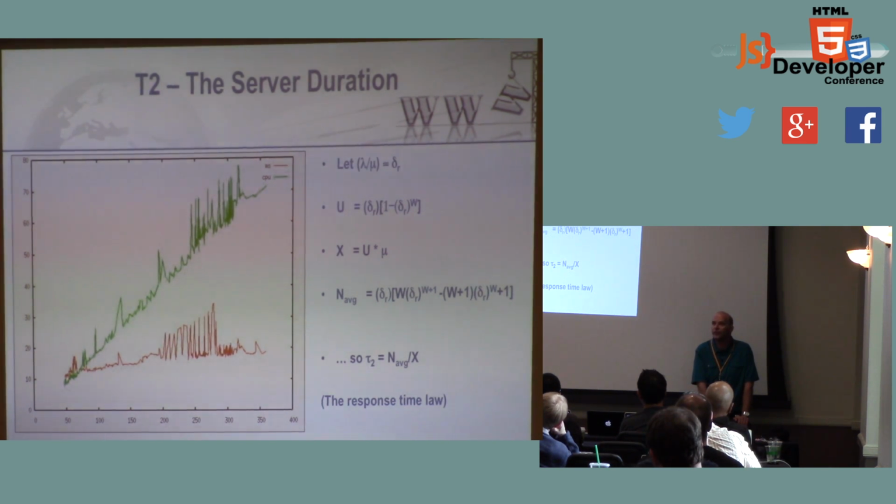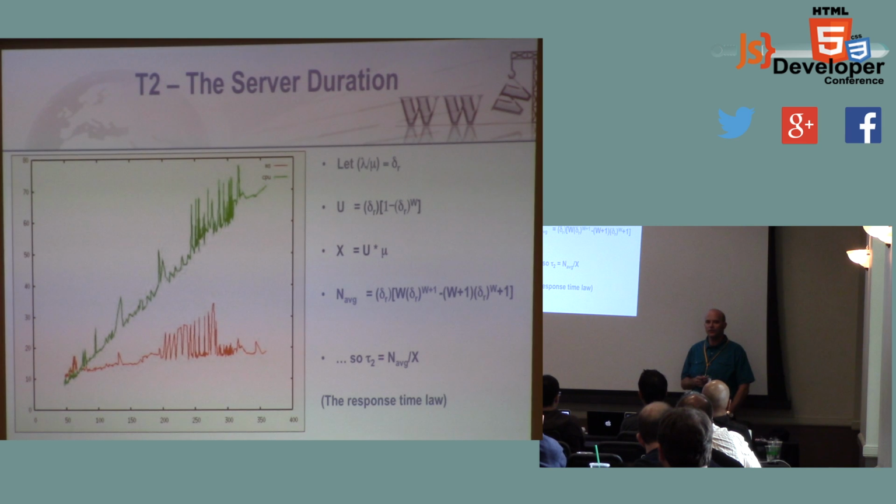This is just the forced flow law. You can't change that. This is underlying physics. What you can do is make sure that as the number of users coming into your system increases, the response time does not start to weigh down. You do that by adding capacity. I mean, it's very simple.